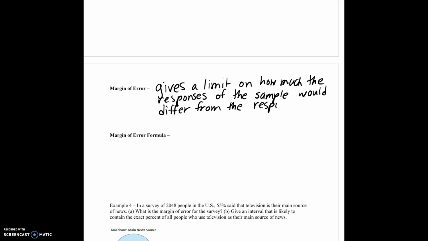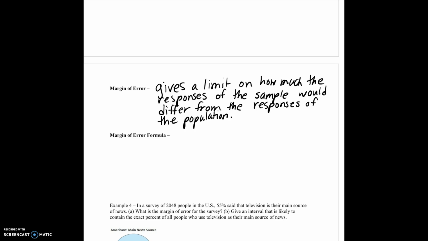So we think about our previous example. We are saying that based off of the 200, we're getting 59%. We want to know how much error is going to be there based on our sample size, so we know if we're really getting an accurate measure.